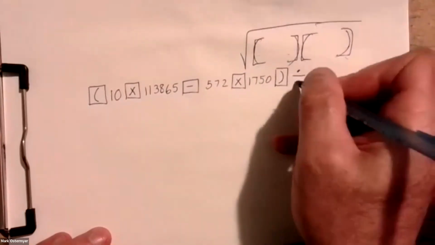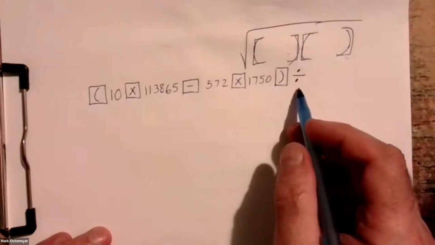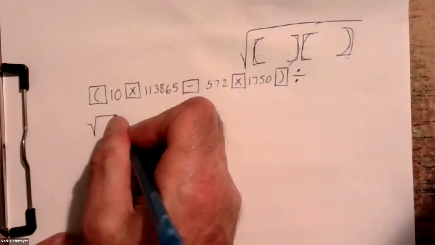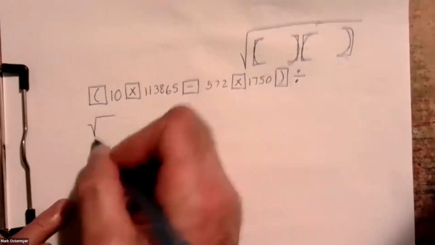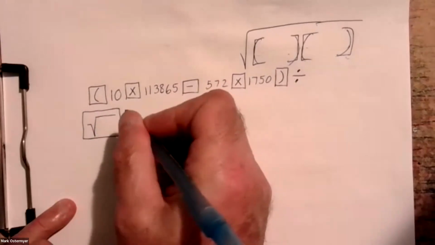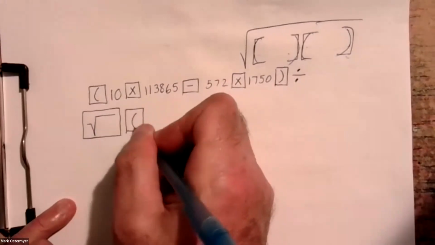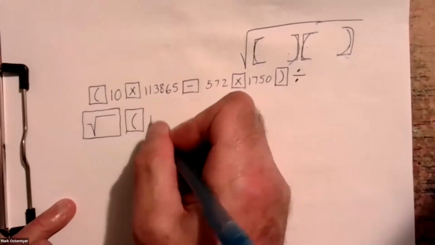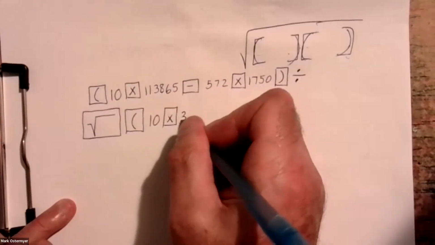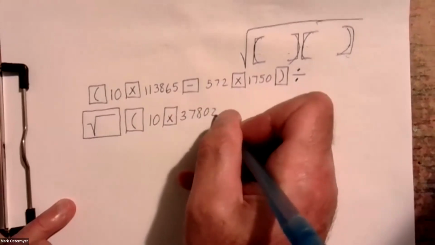Divided by. Now we've got to type in our denominator. So now you've got to go down and get your square root. And then we're going to start by typing in an open parenthesis. 10 times 37,802.